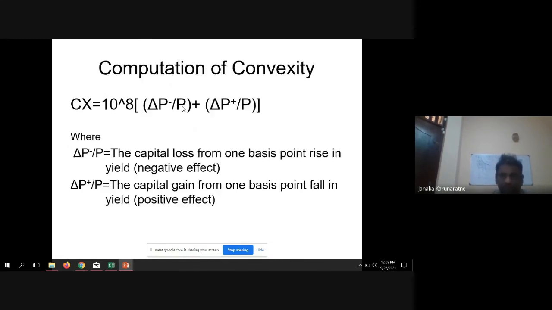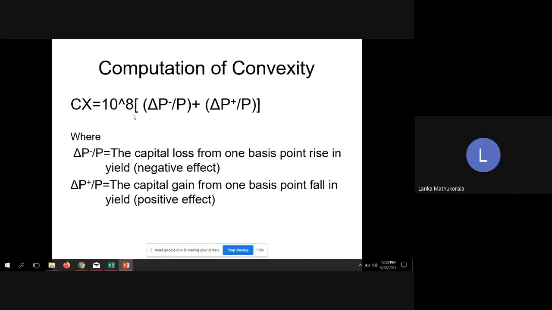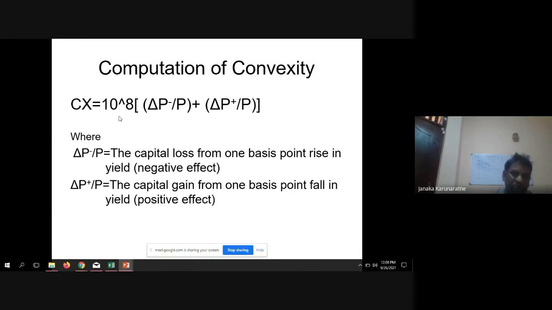So let's look at how you calculate the convexity of a bond, a fixed income security. The convexity could be measured by 10 to the power 8 times delta P minus divided by P, plus delta P plus divided by P. What do we mean by delta P minus over P?